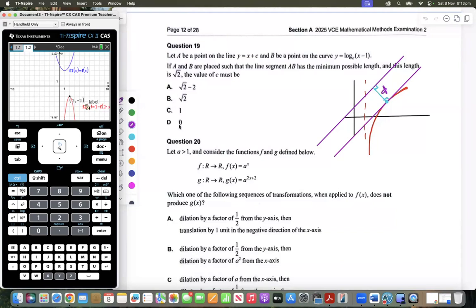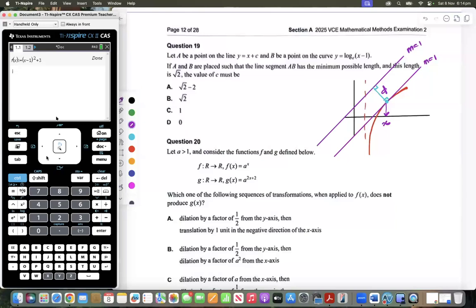Actually, I know the gradient here, right? This gradient is 1. Therefore, I can easily find this x value. So what is the differentiation?